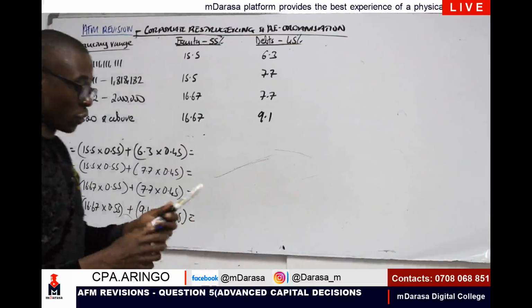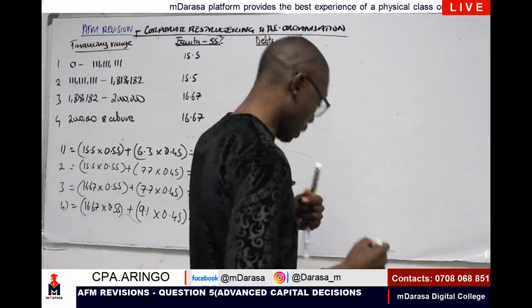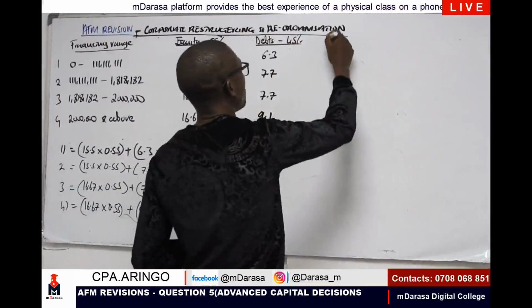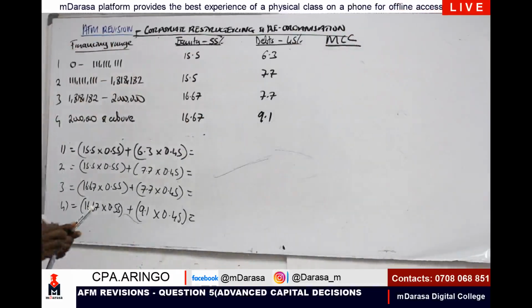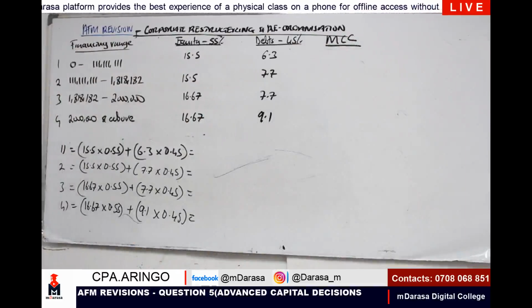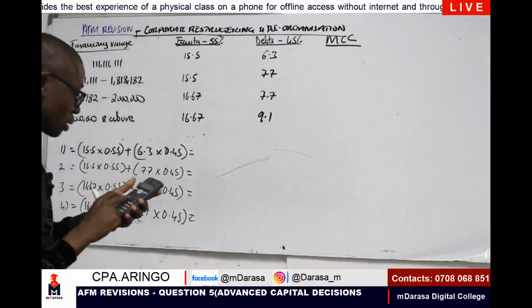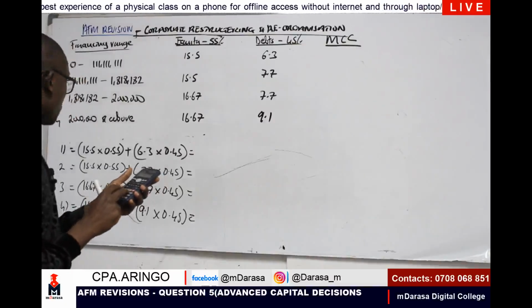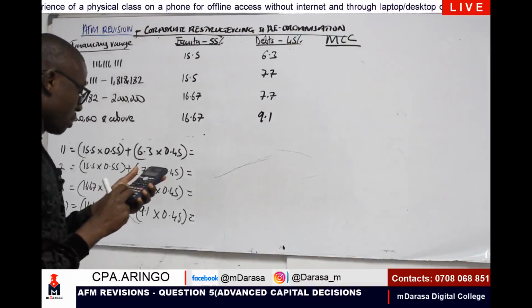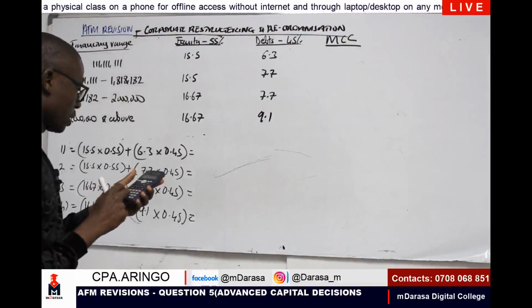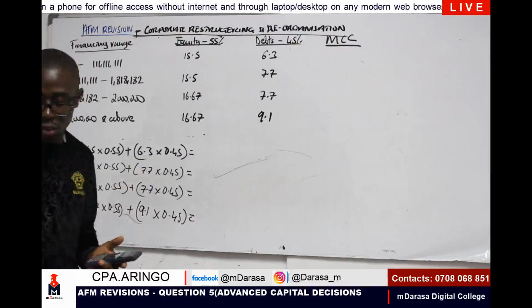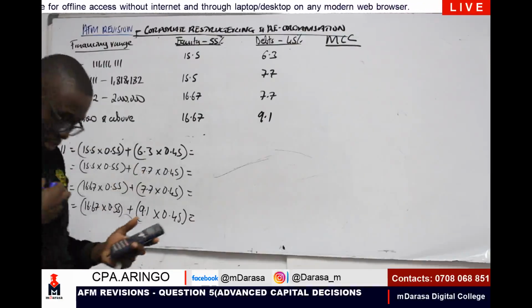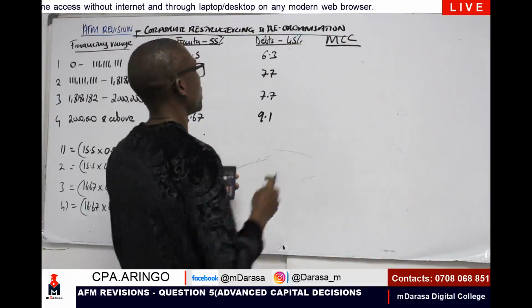So very confidently, I can come and talk of my MCC, marginal cost of capital. That will be easy because I'll just be having my figures here. 15.5 times 0.55 plus 6.3 times 0.45 gives 11.36.